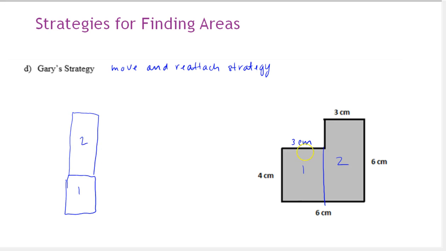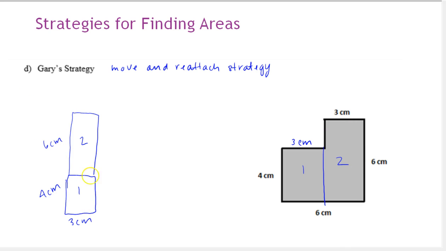So this piece, notice they have the same length, so this is 3 centimeters. The length of 1 is 4 centimeters. And the length of 2 that we cut and put on top is 6 centimeters.